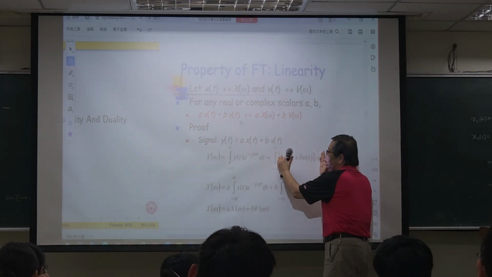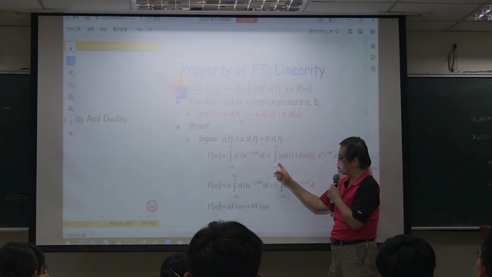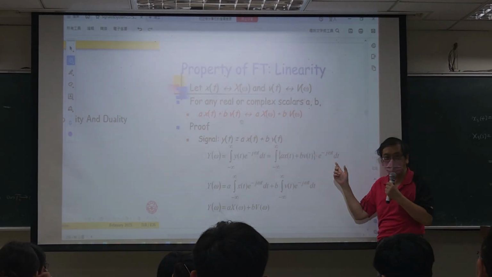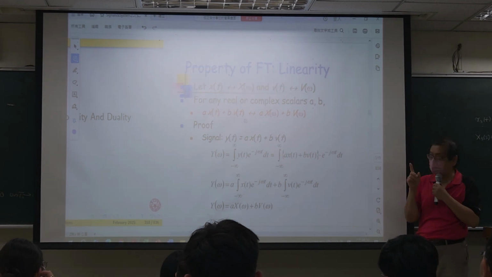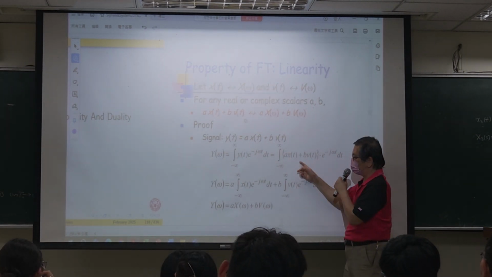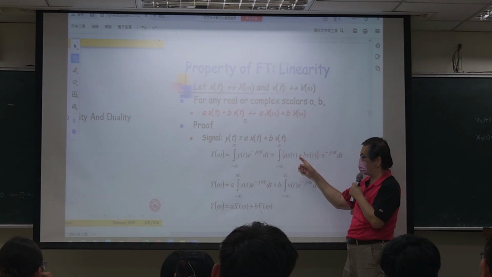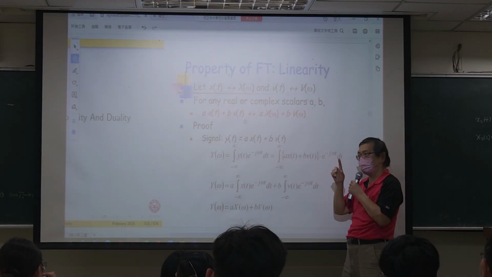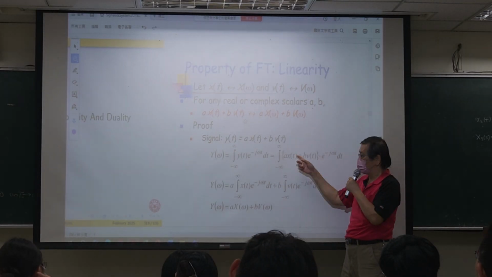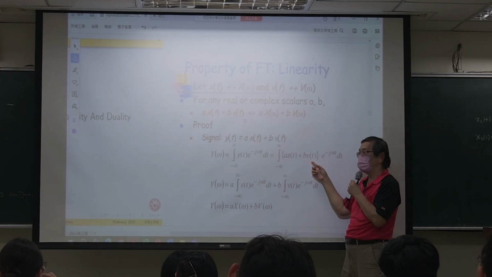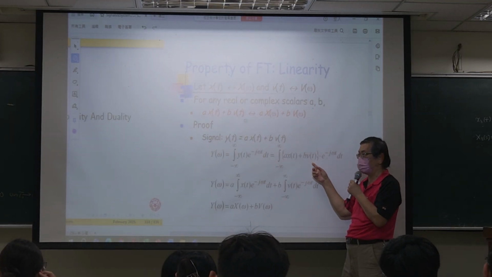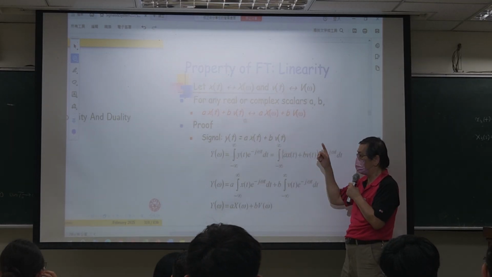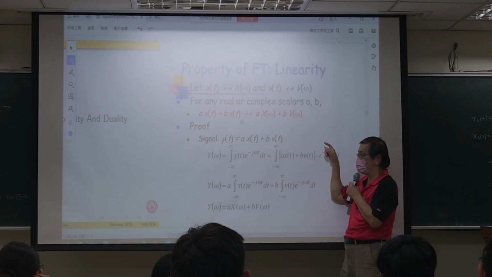So I can split these two functions into two integrals. Let's assume this is doable. But again, let me warn you: whenever you split a function in the integral, be careful. You have to make sure that this can be done, because if one of them is, say, infinity, and the other is also infinite but with the opposite sign, then you have a problem: positive infinity minus another infinity.